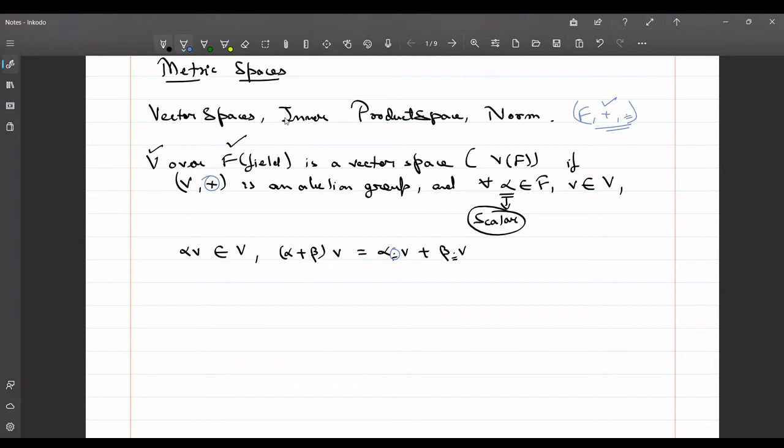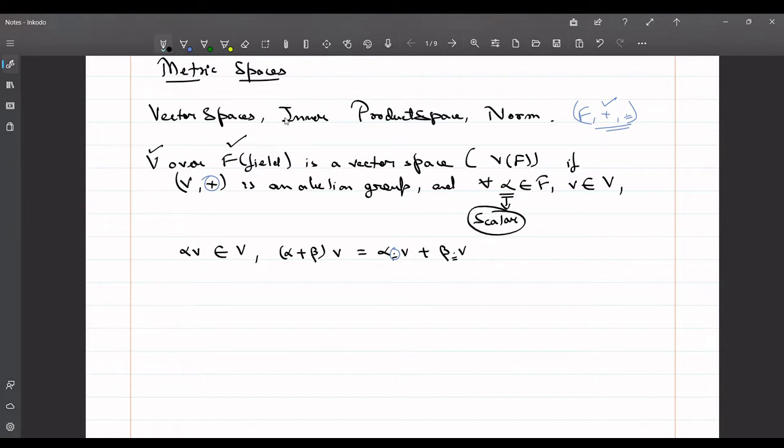If you know the concepts of fields, then we know that these symbols plus and dot are not our algebraic additions and algebraic multiplications. They are just used to denote a first operation and a second operation. So here this dot and this plus symbol only refer to certain operations which we have considered for F to be a field, and the operations are being used here to recognize V becoming a vector space.